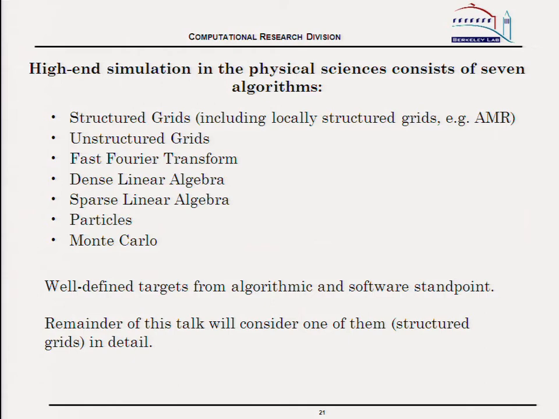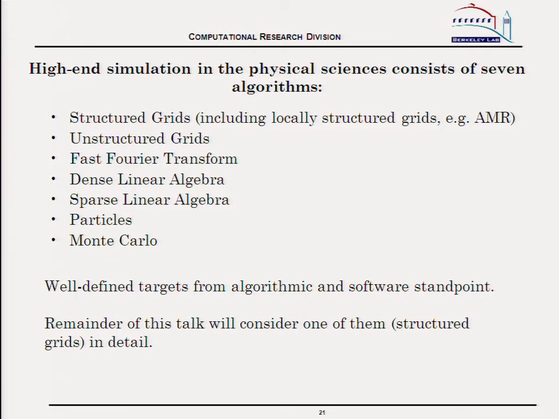In it he talked about 7 core algorithms, structured grids, unstructured grids, and so forth. He saw that these are well-defined from a software standpoint, and that most of high-performance computing, if not all, could be done with these.